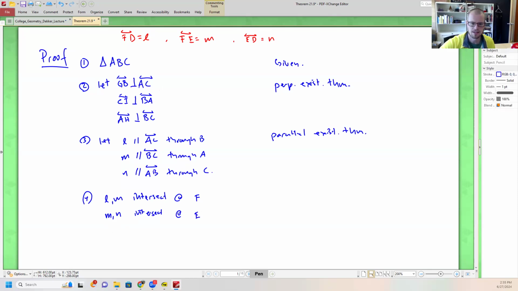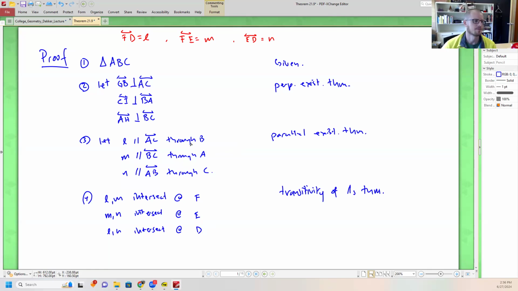And then L and N intersect at D, L and N have D in common. There we go. And again, this is the transitivity of parallels theorem. Excellent. So at this point, we have a triangle FED.